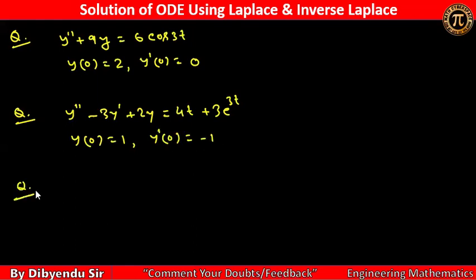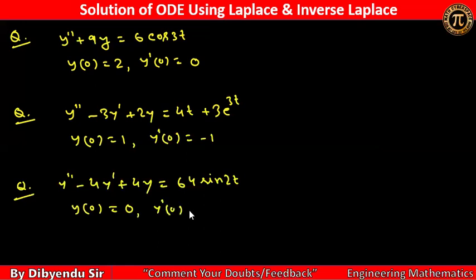And try to solve this one also. y double dash minus 4y dash plus 4y equals 64 sine 2t. Okay, and the initial conditions are given: y(0) equals 0, y dash (0) equals 1.